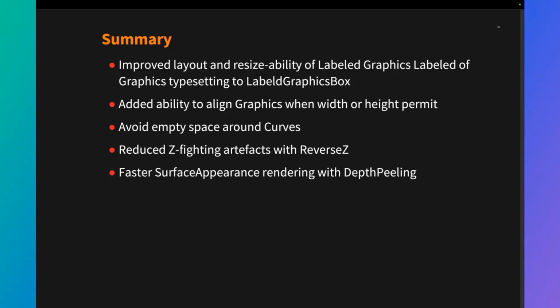We've added the ability to align graphics, which helps to control how graphics are placed when there's extra width or height around the graphic. We avoid extra empty space around curves, and we've reduced Z fighting artifacts by implementing the reverse Z depth precision improving technique, and we've accelerated rendering of surface appearance with transparency by getting it to work with depth peeling.